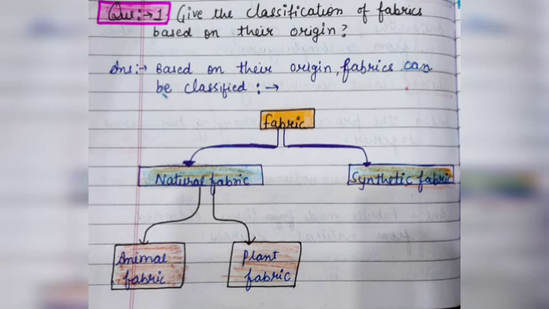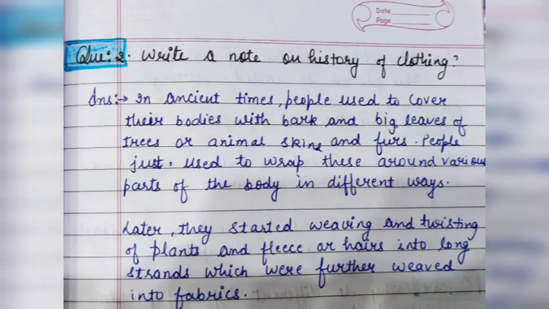Question number 2 is, write a short note on the history of clothing. We have to tell about the history of clothing. Answer is, in ancient times, people used to cover their bodies with bark and big leaves of trees or animal skin and furs. People just used to wrap these around various parts of the body in different ways.